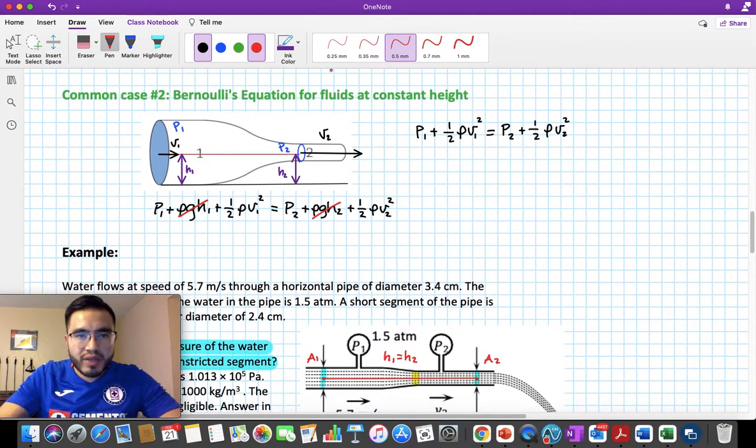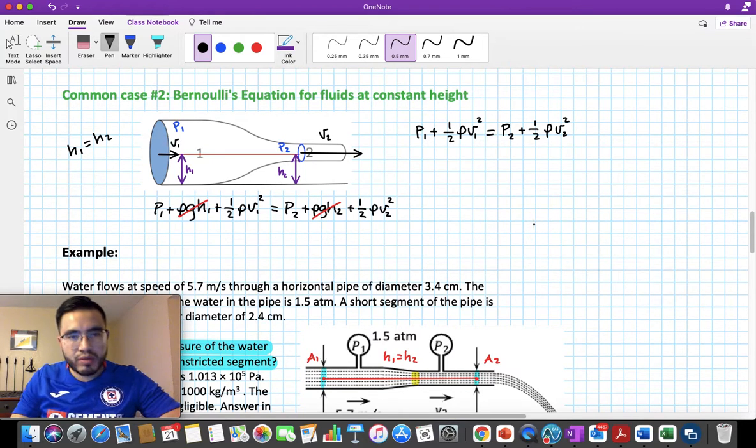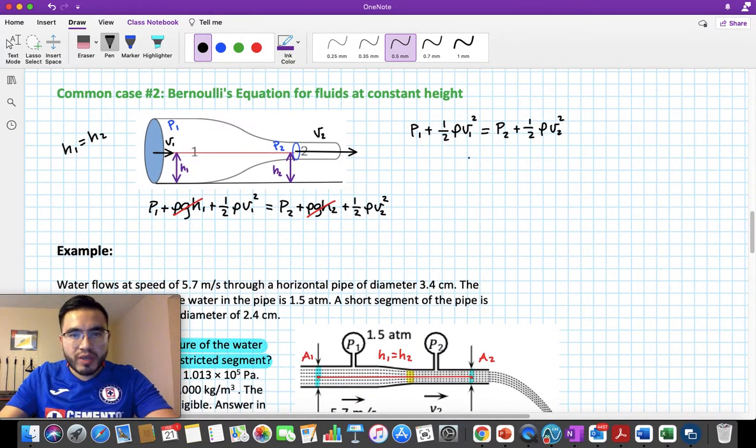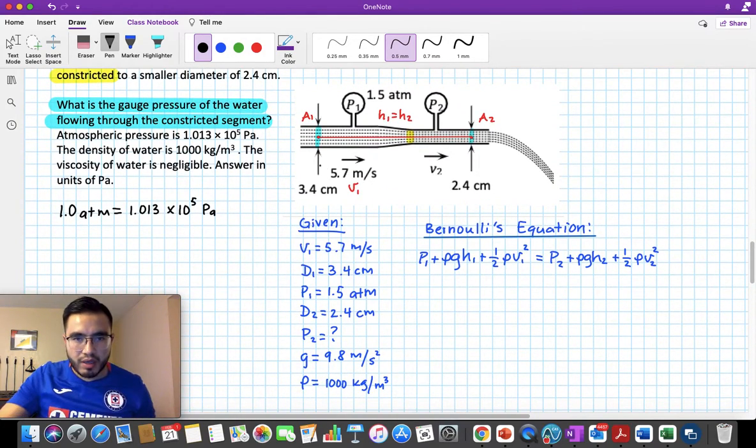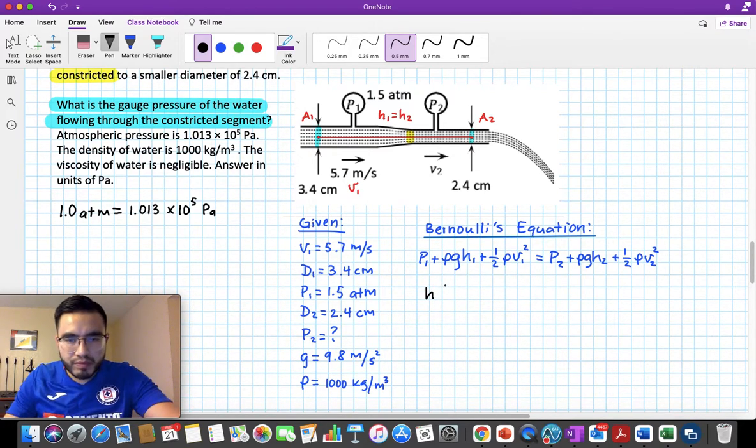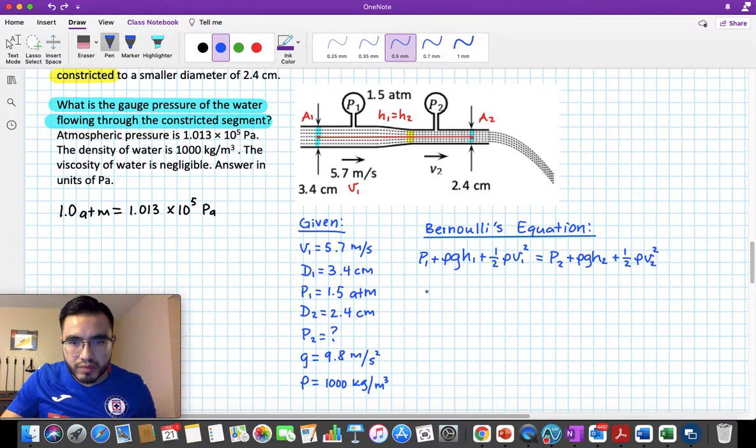I forgot to write it down. So height 1 equals height 2, and we can use this version of Bernoulli's equation. So the heights are the same, or H1 equals H2.